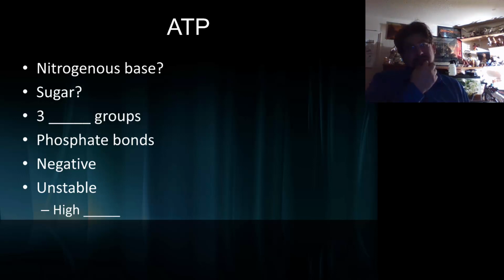Starts with P. Ends with potential energy? That's right, potential energy. And when we break ATP down, it yields a high amount of, or an increase in, work energy. Yeah, you got there.